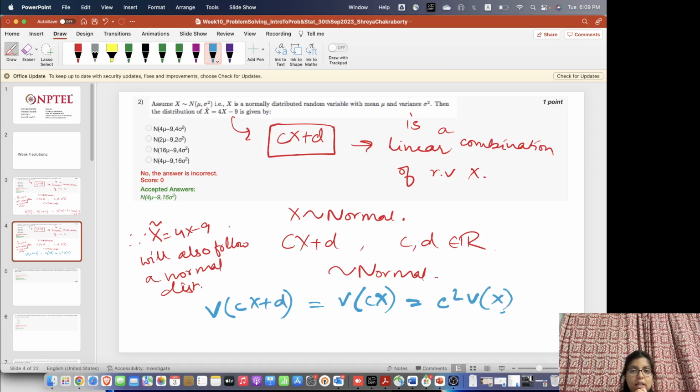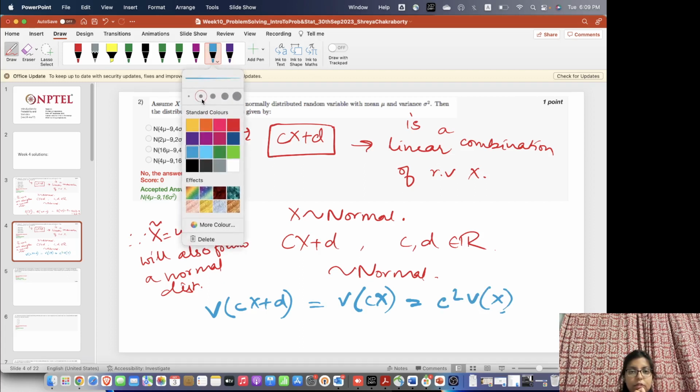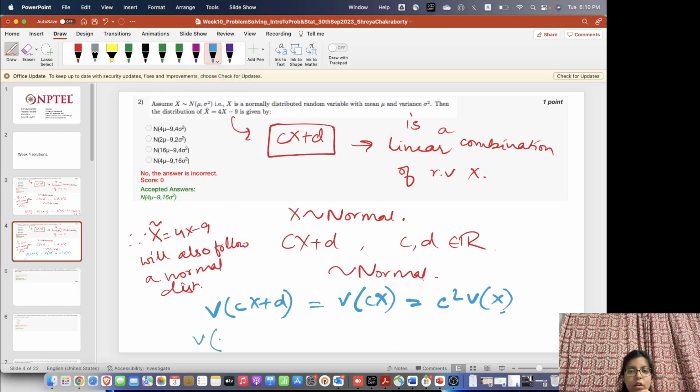So here we had variance of 4x minus 9. This would be variance of 4x, which is 16 variance of x, which is 16 sigma square.